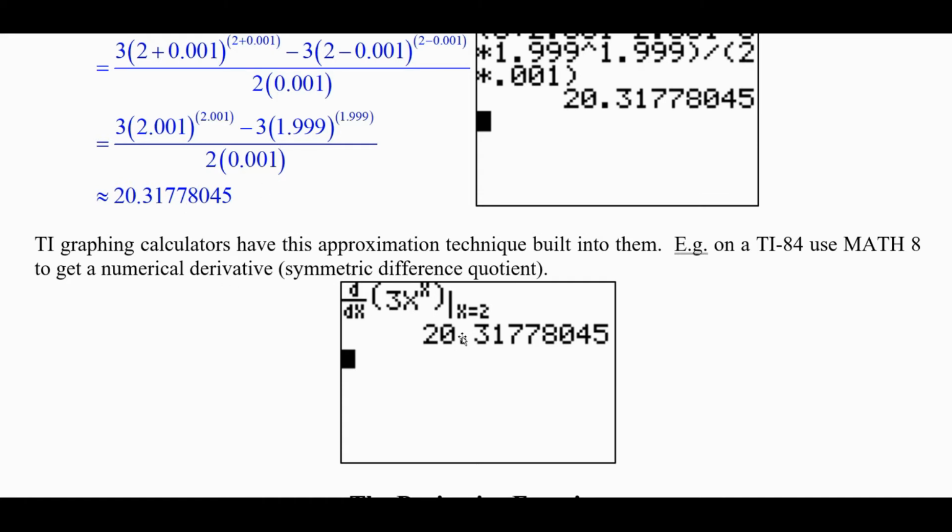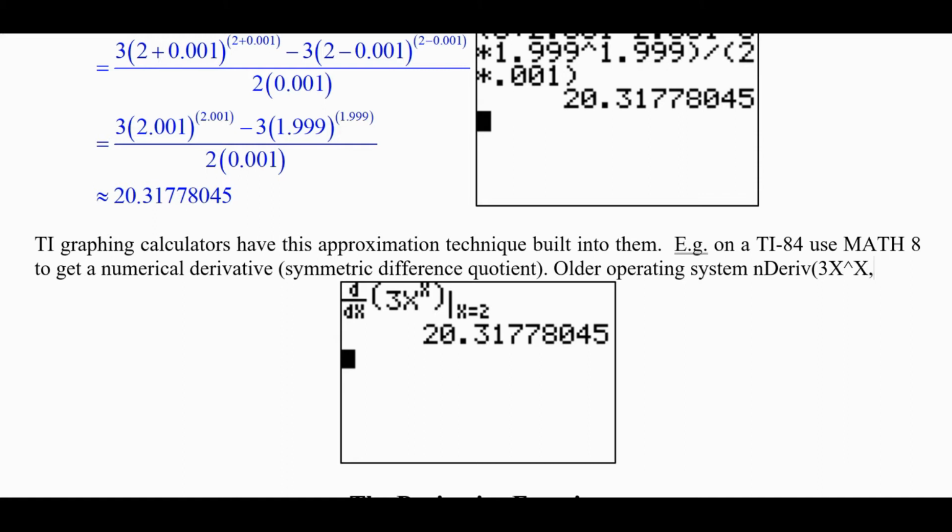If you turn it to the older operating system or turn MathPrint off, it's called numerical derivative. You put in the formula, 3x to the power x.